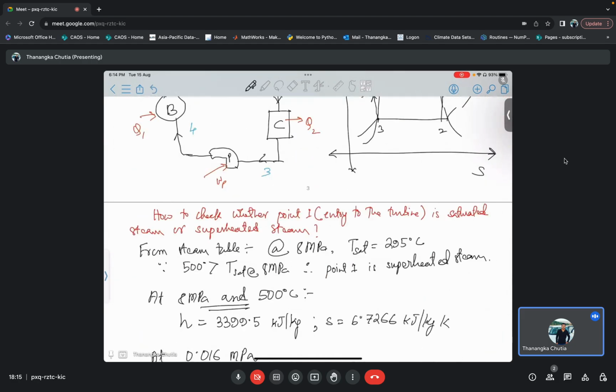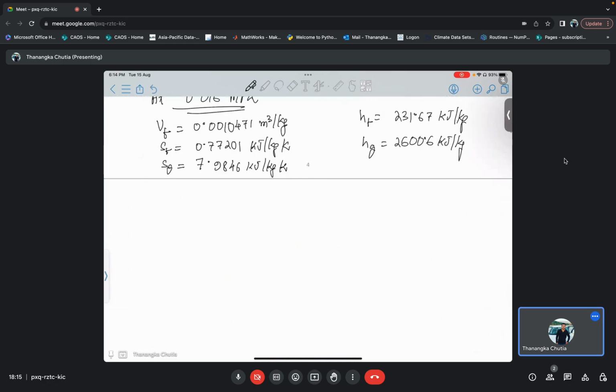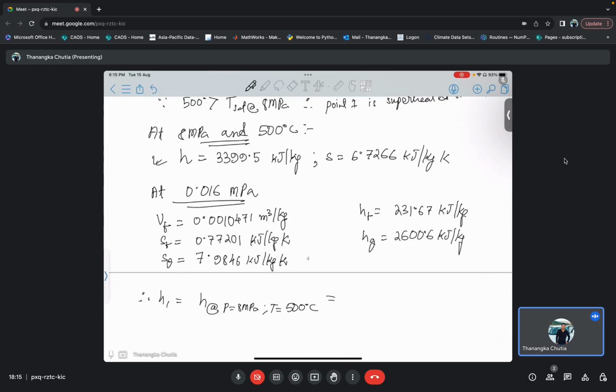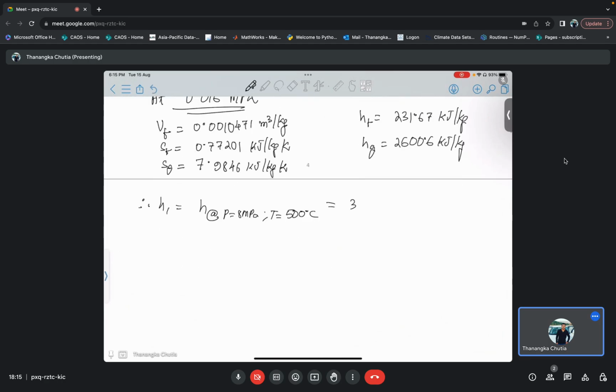Okay. So now look here. What is my H1 then? H1 is nothing but H at P equal to 8 megapascal, T equal to 500 degrees Celsius, which is 3399.5 kilojoule per kg.